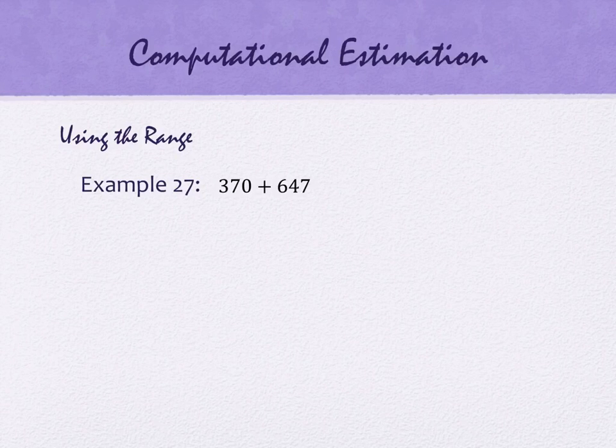So for instance, if I took the 370 and I rounded down, I'd get 300. If I took 370 and rounded up, I'd get 400. That's the range of rounded values I could get, somewhere between 300 and 400. And then if I did the same thing with 647, what do I get if I round down? 600, and if I round up? 700. And what we do is we add together the low estimates and we add together the high estimates.